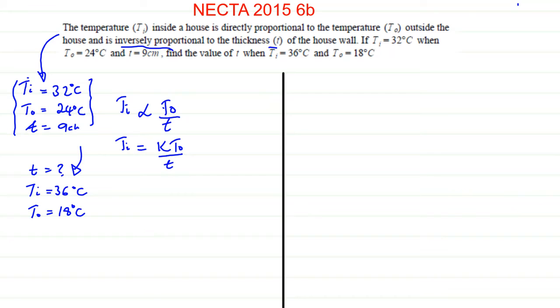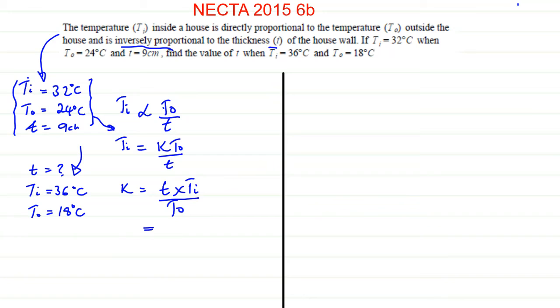What we need to do is use this data to find K. So we need to make K the subject of the formula. So K is going to be T times Ti over To.